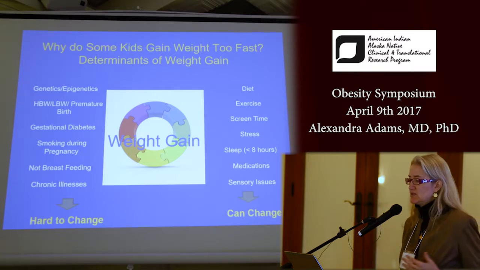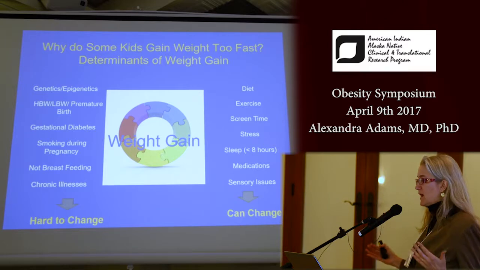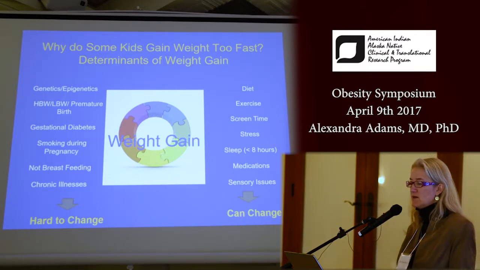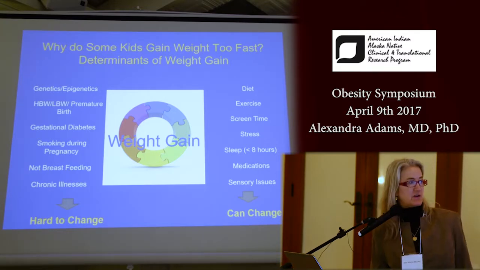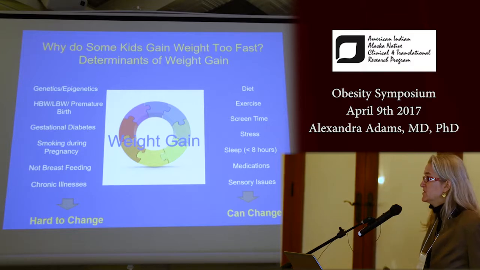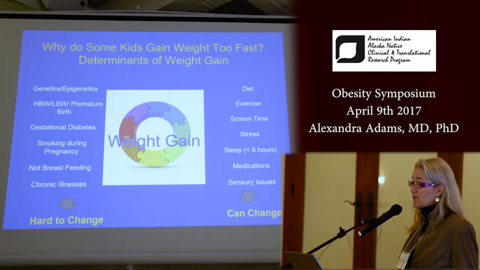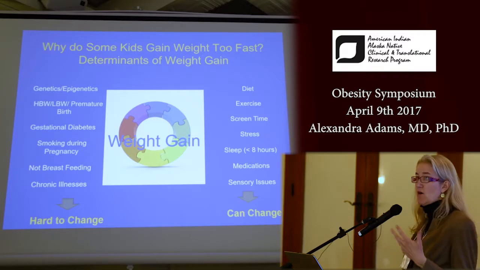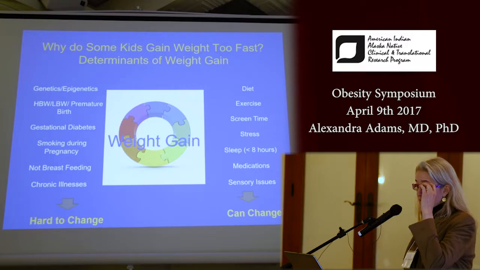So when I'm teaching this to residents or families or people that want to understand, like, why is my child gaining weight? Why is my child large? I want to say that there are things that are sort of preventable and less preventable. And the less preventable stuff here really is the sort of hard to change stuff, the genetics, epigenetic stuff that happens prenatally. High birth weight, low birth weight, prematurity all affect later weight gain. Gestational diabetes, high risk for later weight gain.